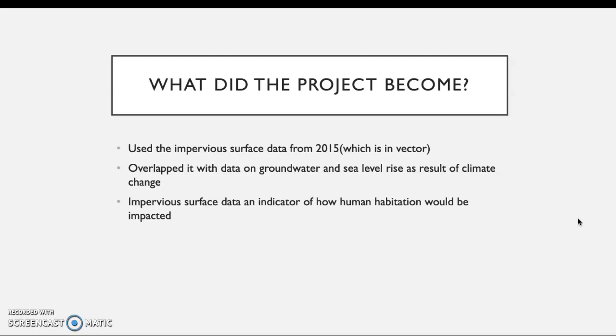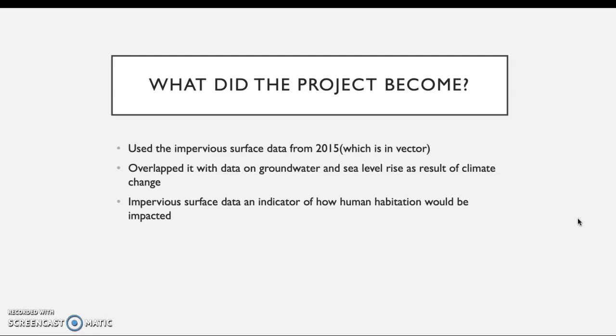So I still did end up using some of the impervious surface data because there was data from 1990, 2000, 2005, 2010, 2015, and I used 2015 because it came in vector format, which I liked instead of the other ones coming in raster. And so I decided to overlap the impervious surface data with data, and all this came from Granite, which is the New Hampshire state database for GIS data.